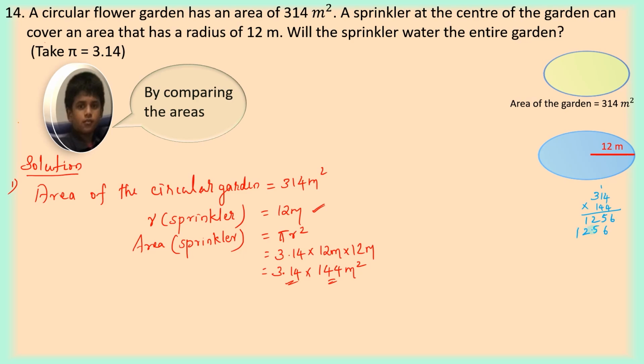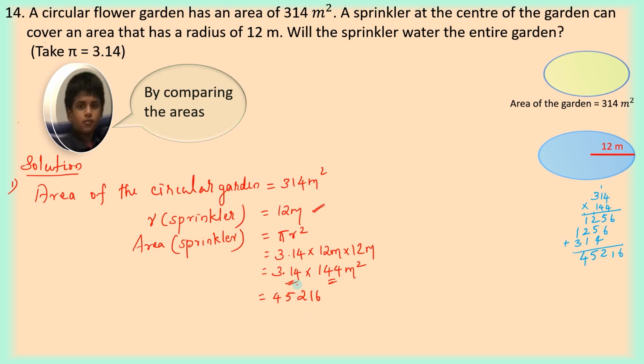Next we have to multiply with 1, so it will be 4 1 3. Now adding: 6 plus 5 is 11, 4 plus 5 is 9, plus 2 is 11, 11 plus 1 is 12. 1 plus 2 is 3, 3 plus 1 is 4, plus 1 is 5, 3 plus 1 is 4. That is equal to 4 5 2 1 6.